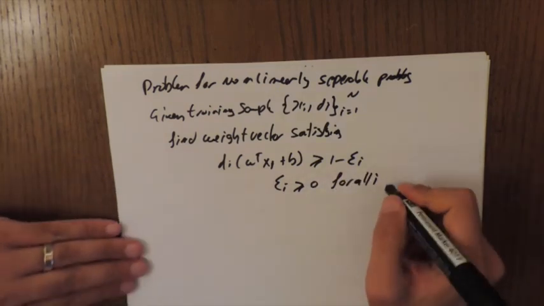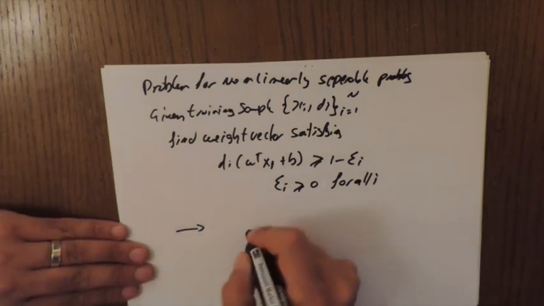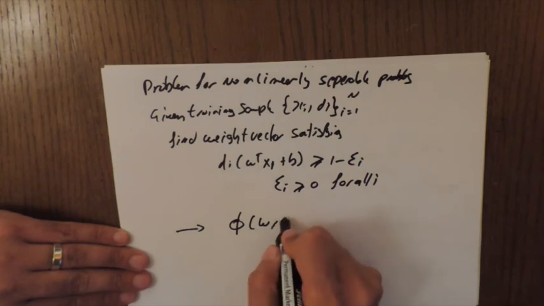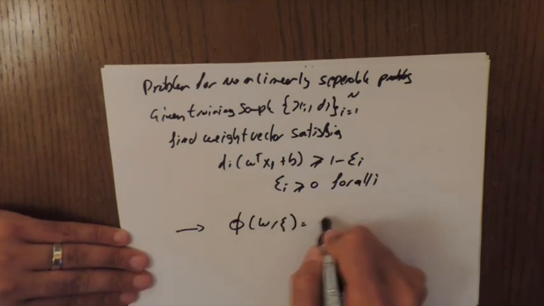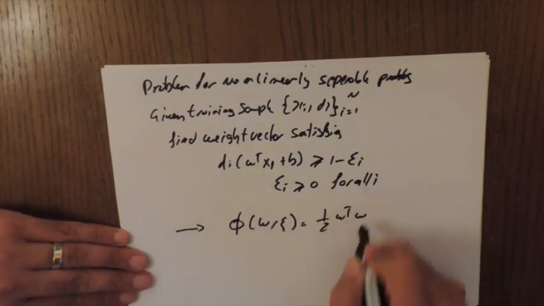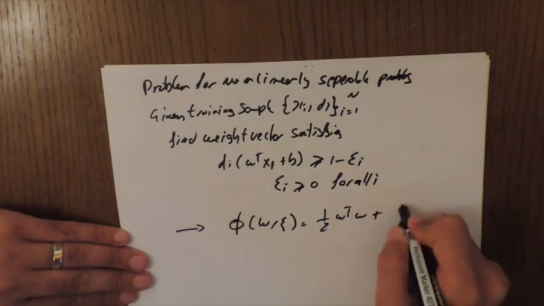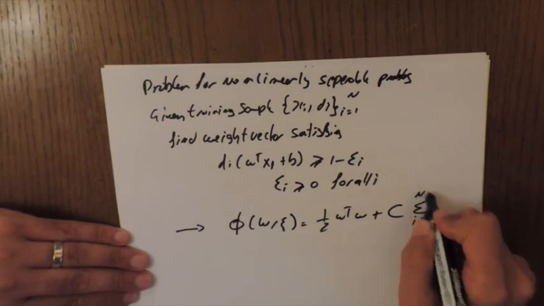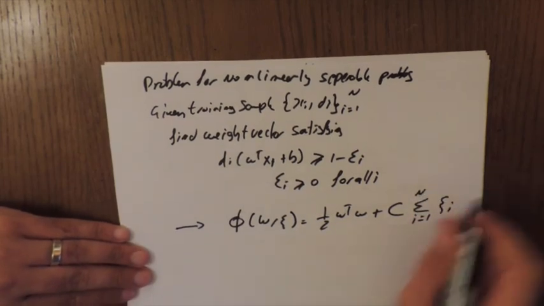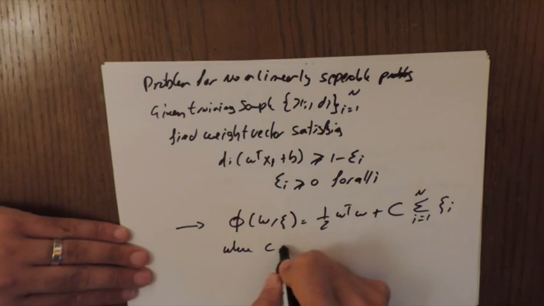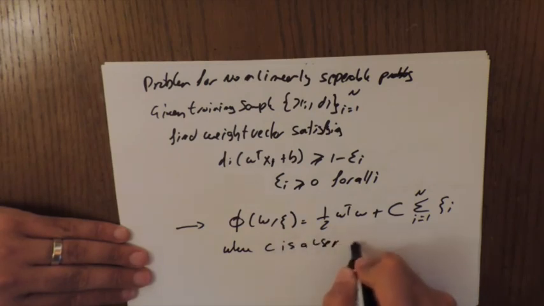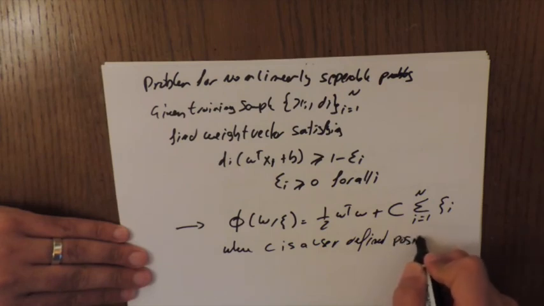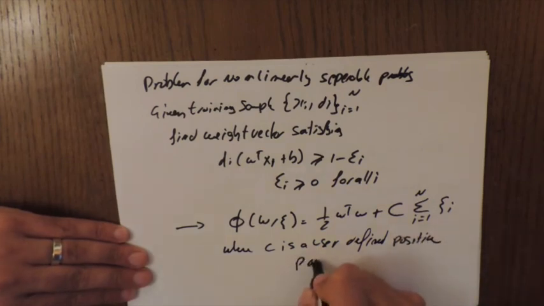In this case, this will be transformed to phi of w, and we introduce this slack variable. We'll have w^T w, this is from the previous one, plus C summation i equal 1 to n, ξi, where C is a user defined positive parameter.